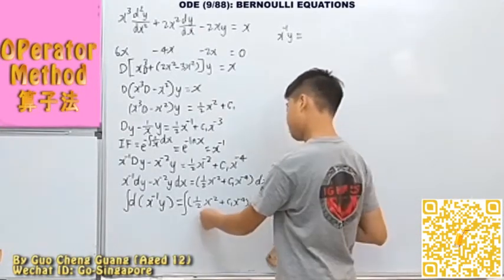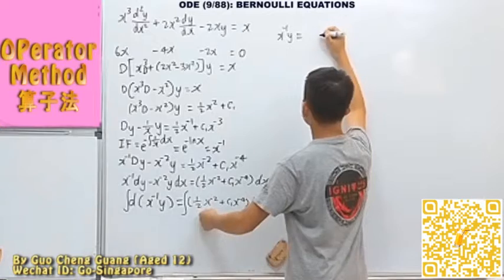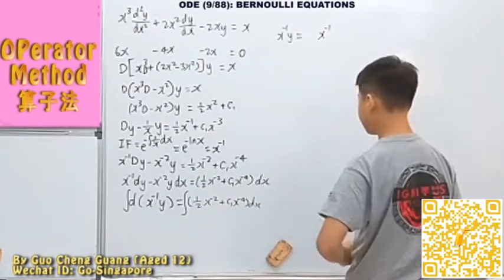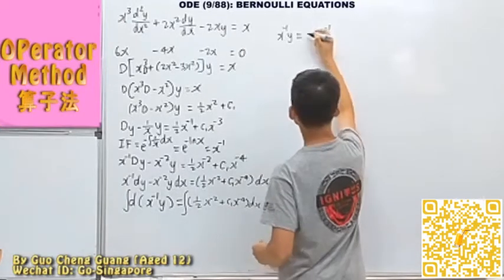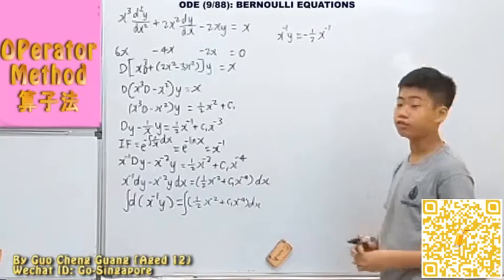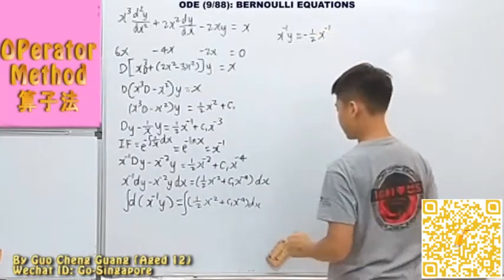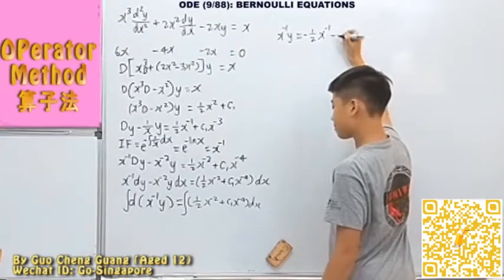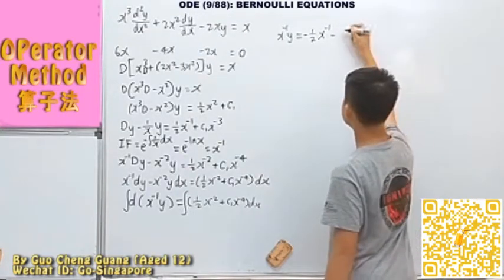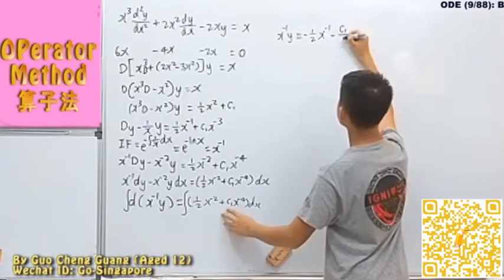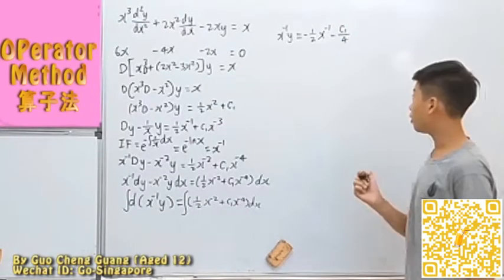So this front part will be of x to the power of negative 1, but you also have this extra negative in front, like this. Then from this part behind, you also get a negative c1, you get c1 over 4.